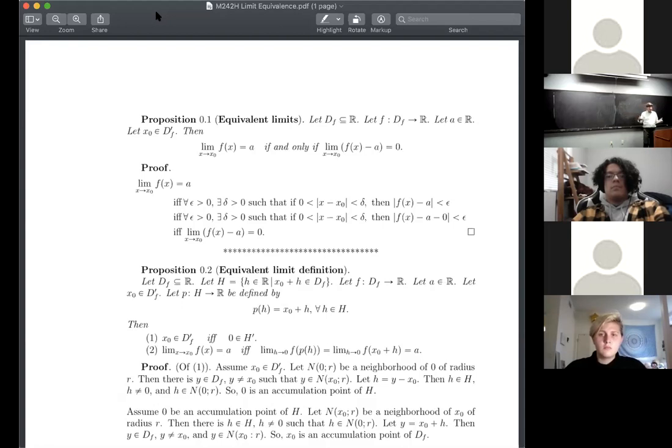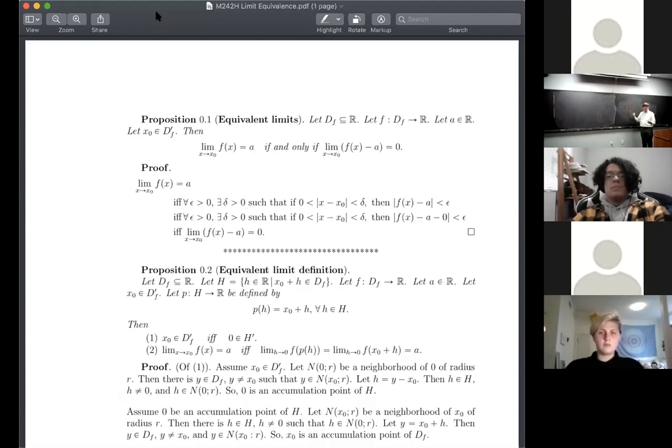I hope that's obvious. If I approach him, which I'm not supposed to do right now, the distance between us goes to 0, okay? And we take distance by subtracting. So all it's saying is when f of x approaches A, the difference approaches 0. If the difference approaches 0, they're approaching.